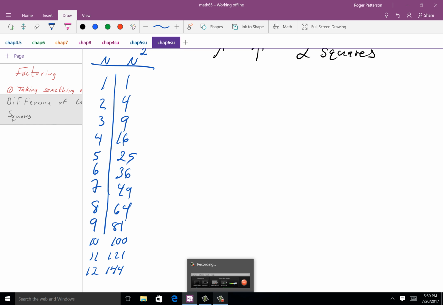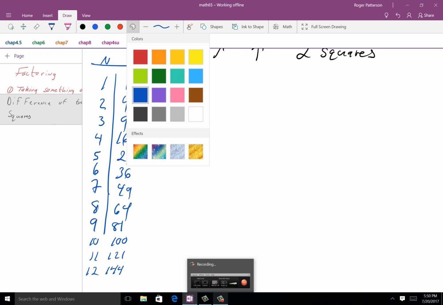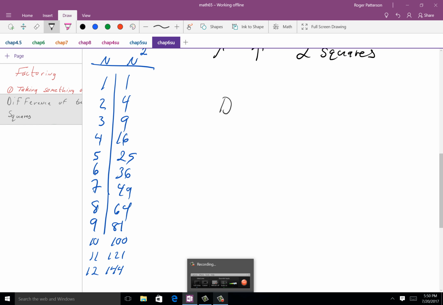So with those other ones, we were taking something out, trinomials, grouping was 4. The difference of 2 squares is usually always 2 terms. Well, here I'm just going to say factor. So a difference of 2 squares might look like this.